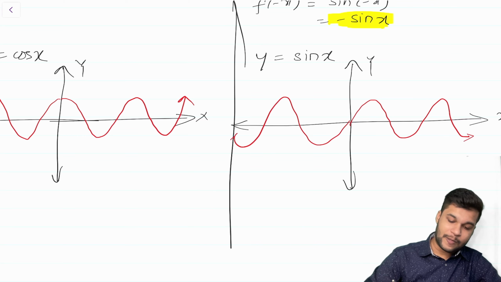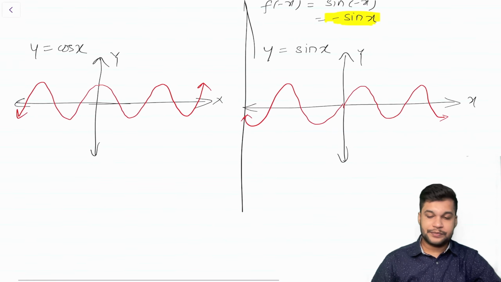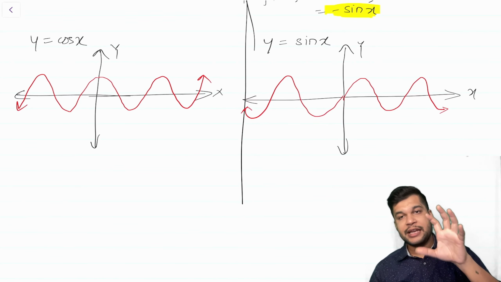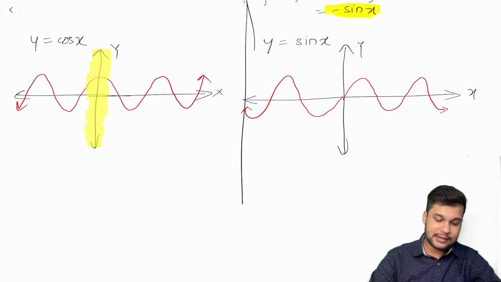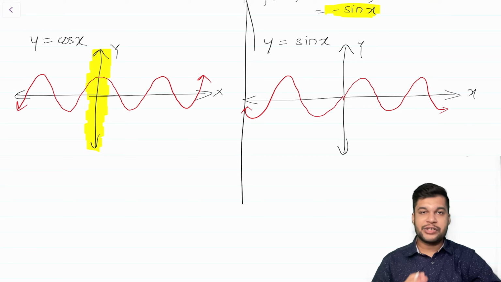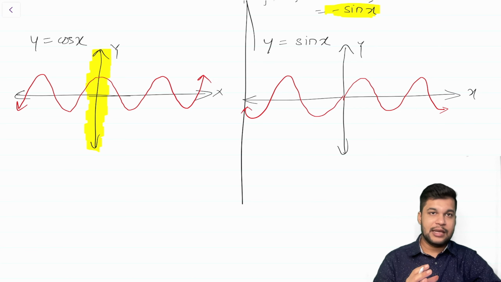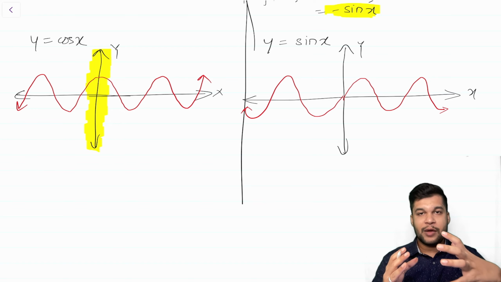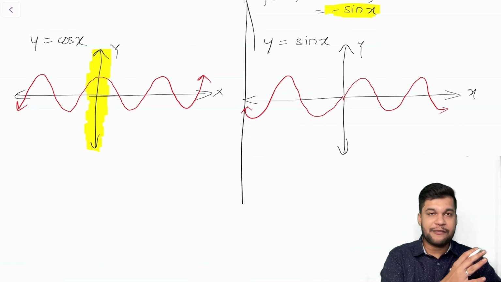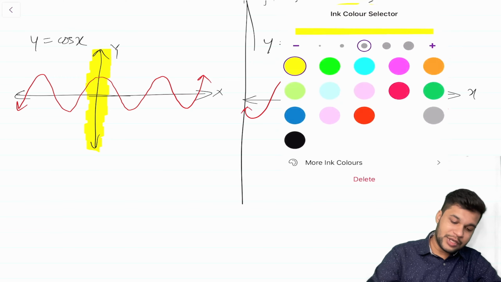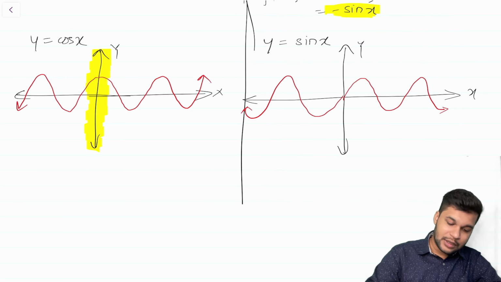Remember that an even function is symmetric with respect to the y-axis. The function towards the right of the y-axis is exactly same as the left of the y-axis, right? So if you see, you start from maximum, you go to the minimum.